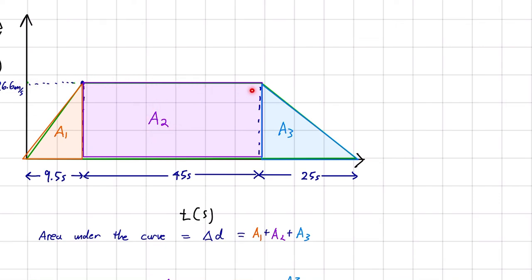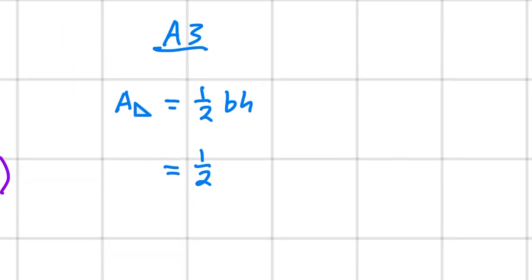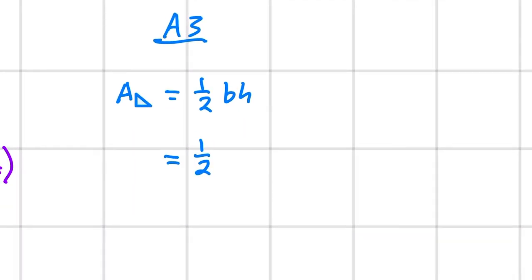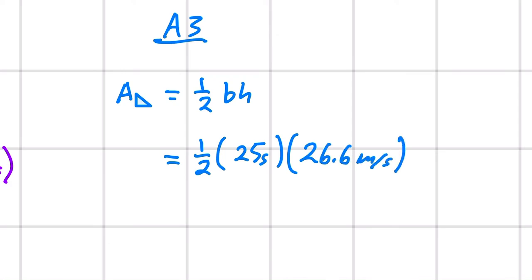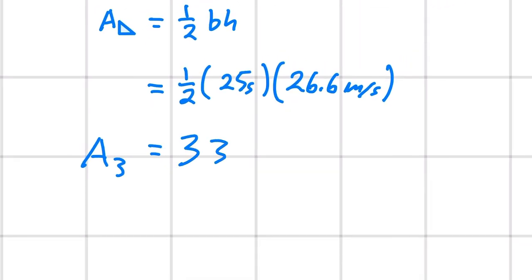It's the same height. So our height is also 26.6 meters per second. So the base, 25 seconds. And the height, 26.6 meters per second. So A3, putting this into our calculator, make sure you get the same answer as I do, 332.5 meters.